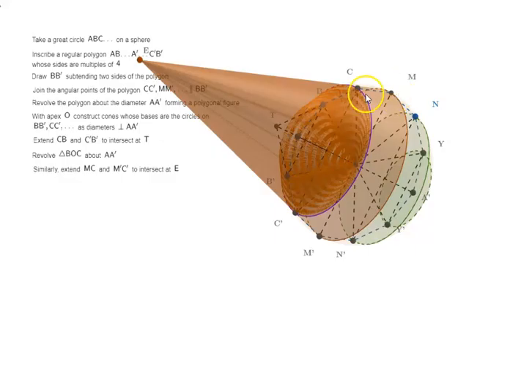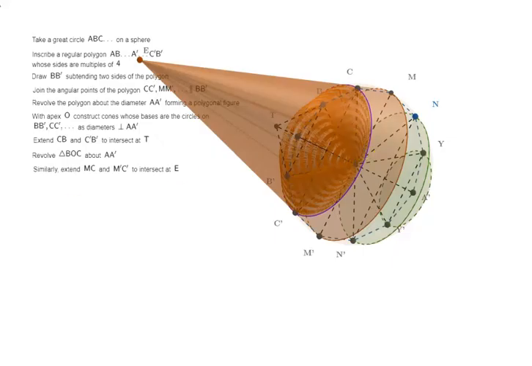So we have two cones, one on CC prime and the other on MM prime, right? And this frustum is being formed by the revolution of triangle COM.